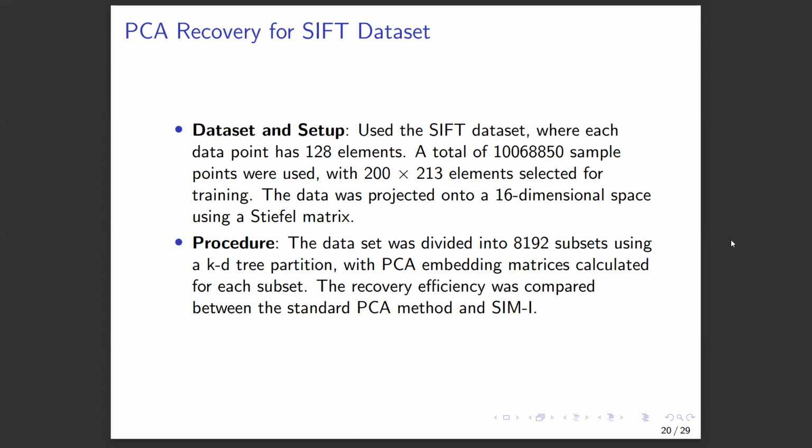And for this, a total of over 10 million sample points were utilized with a specific selection for training. And the data were projected onto a 16-dimensional space using Stiefel matrices. By dividing the dataset into 8192 subsets and employing PCA embedding matrices, we compared the recovery efficiency between the standard PCA and our Sigma-I techniques.